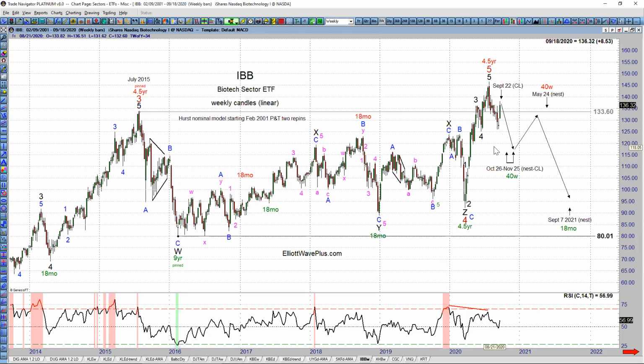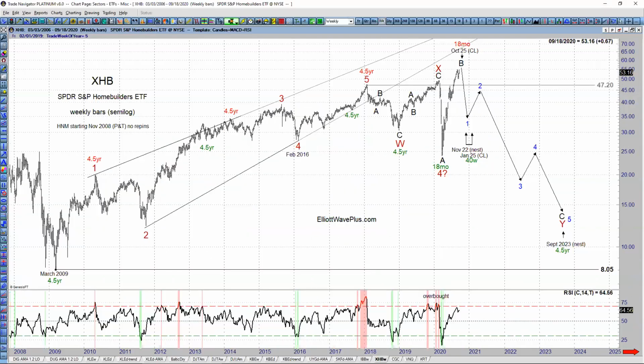IBB Biotech had a real nice move to the upside last week, and Hurst predicted it. But now it's thinking that it'll top here within a few days and move down into November next. Home builders, Hurst is actually expecting home builders to somehow stay up through October 25 and then move down.